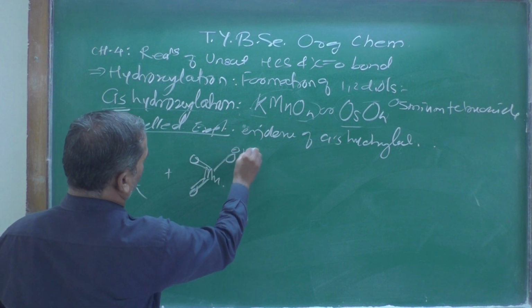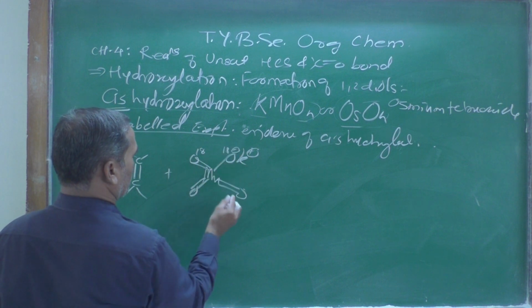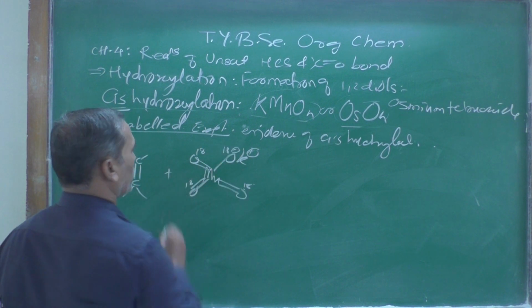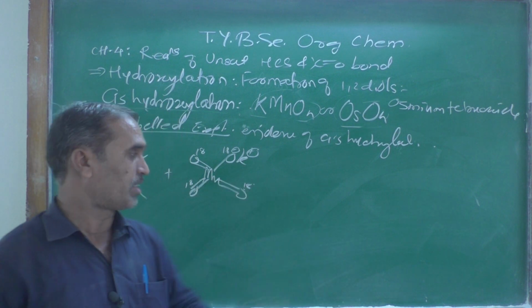Here is a minus, positive charge over there, double bond. But the labeled oxygen atom is used over here, as we know the isotopes of oxygen are 16, 17, 18, but we are taking 18.